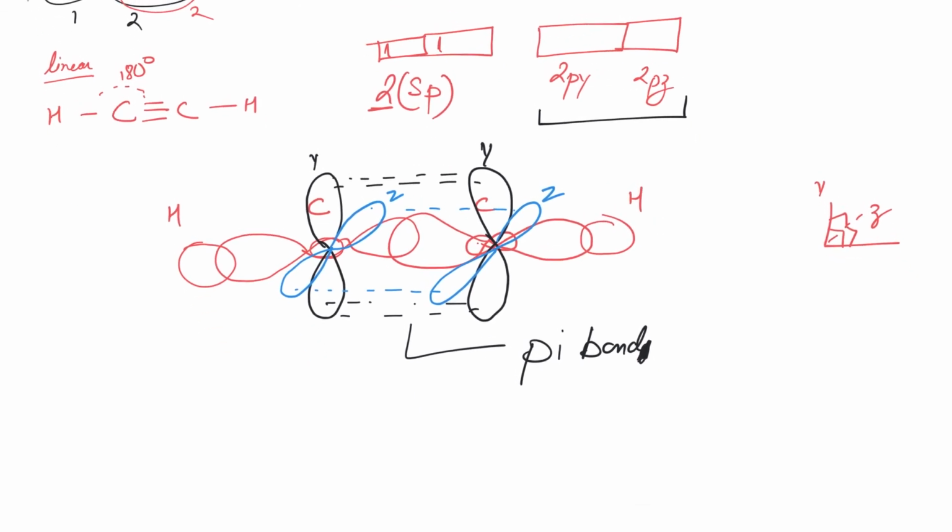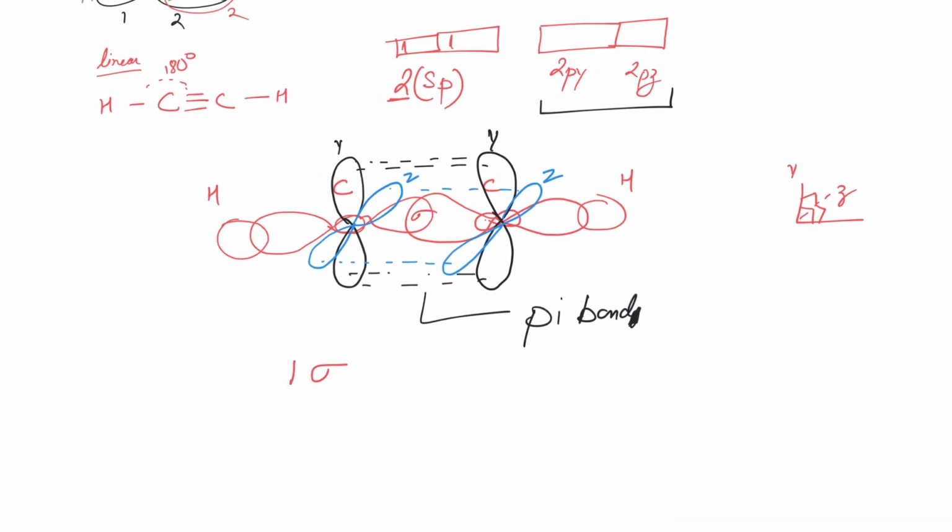So we can see this is the sigma bond. Sorry, let me use the red color just to have clarity. So we have 1 sigma, 1 black pi, I'm just saying black pi to make things really clear, and 1 blue pi. So if you sum these up together, finally you have 1 sigma and 2 pi bonds in the molecule C2H2.